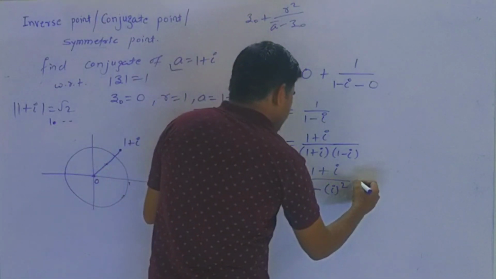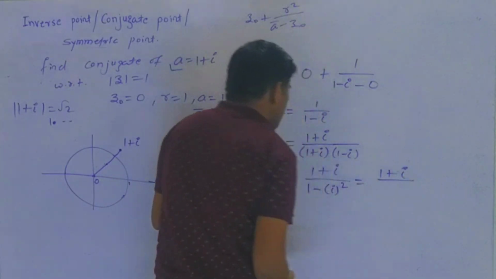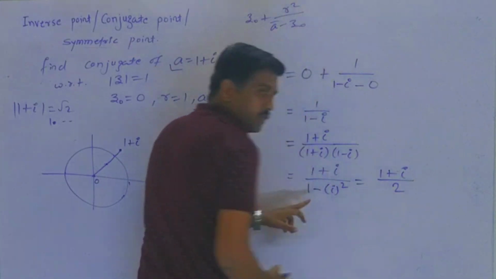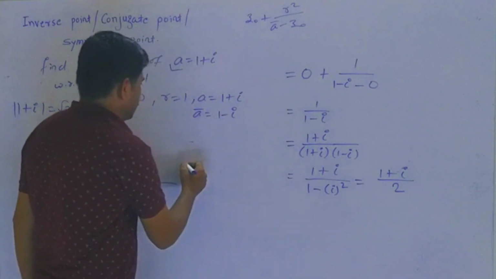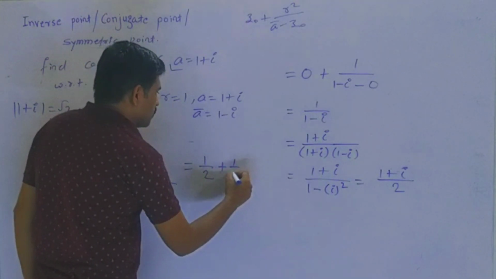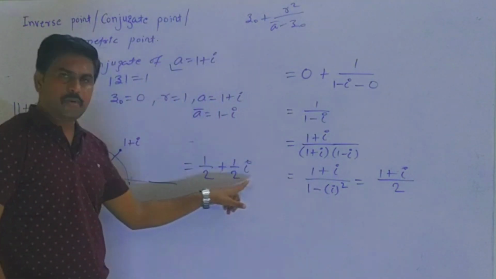So we get 1 plus I upon minus 1 minus minus, that is plus, 2, right? Finally I write here 1 by 2 plus 1 by 2 I.